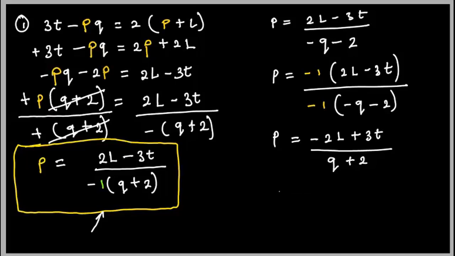P now becomes equals to, I can choose to write this positive number first, that is 3t, and then minus 2l, then all over q plus 2.